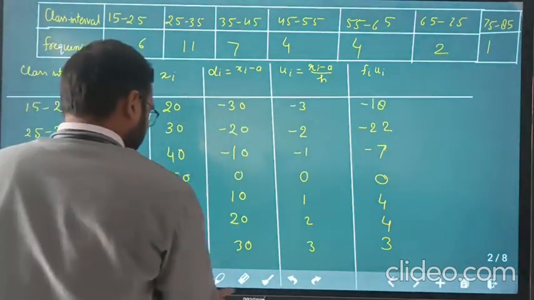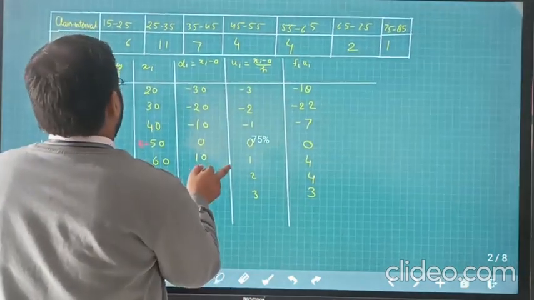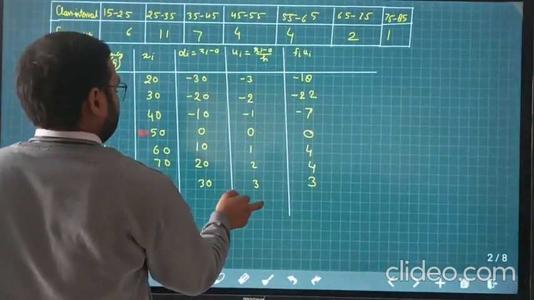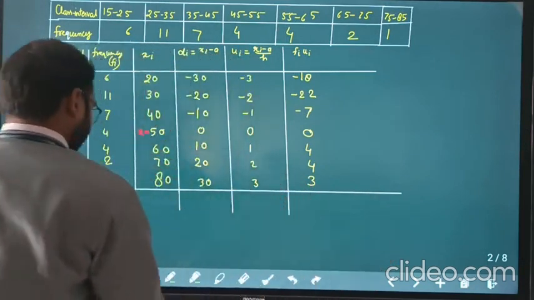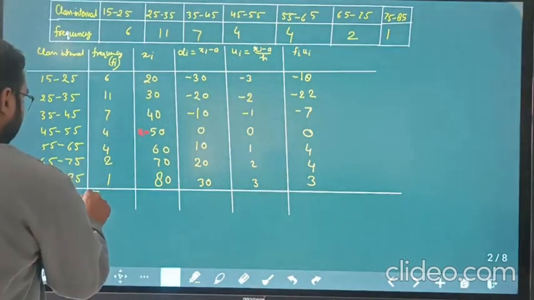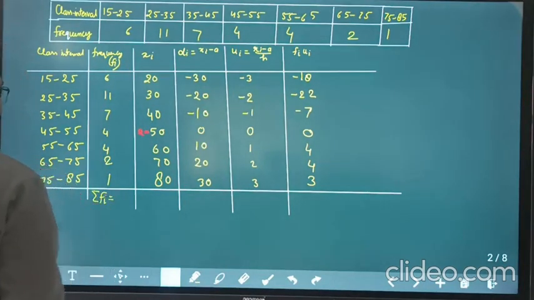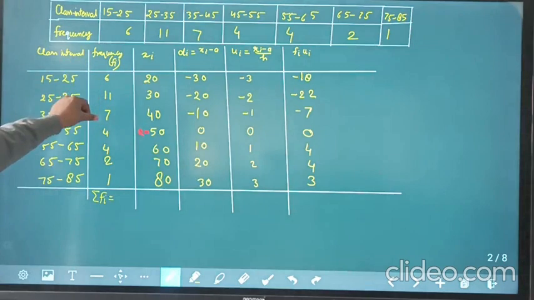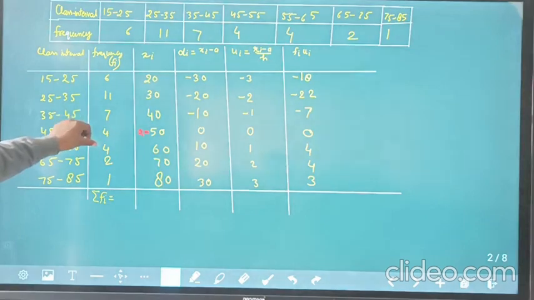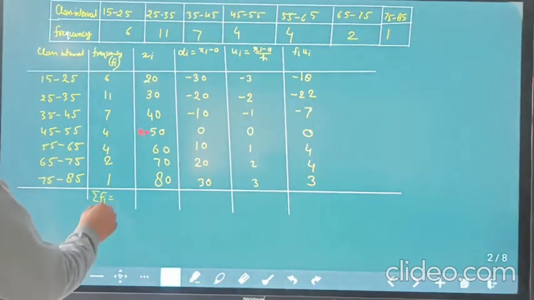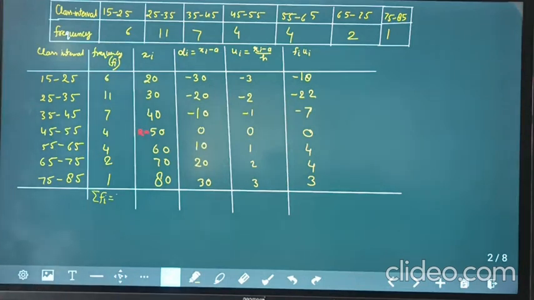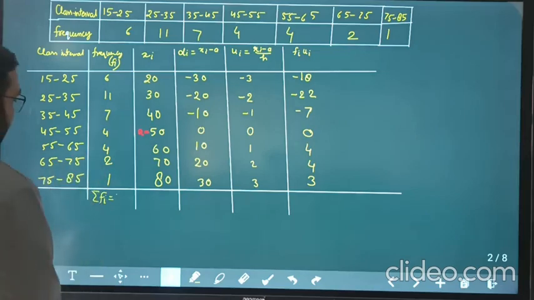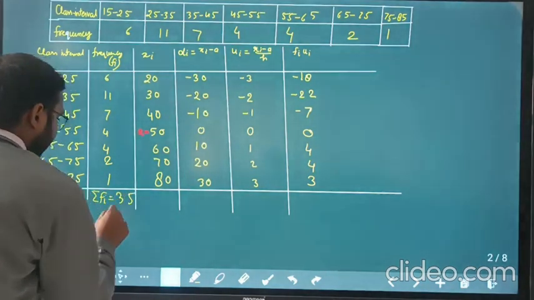So here we will write sigma Fi is equal to 11 plus 6, 17, plus 7, 24, plus 4, 28, plus 4, 32, plus 2, 34, plus 1, 35, that is equal to 35.